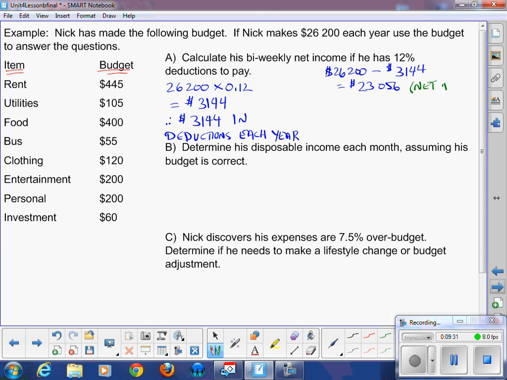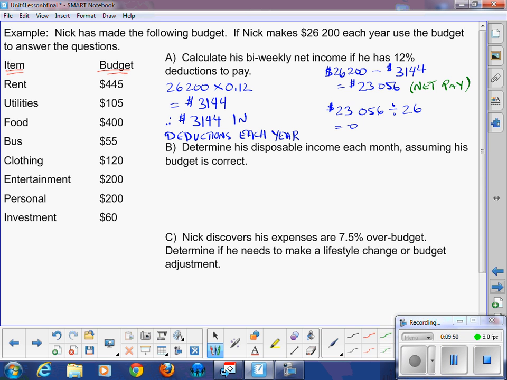All right, so that's his net. All deductions are gone. Now we want to know his biweekly payment, so that's where we're heading with this. So to calculate his biweekly, we then take his net pay, $23,056, and we divide it by 26, and that will tell us his biweekly paycheck.